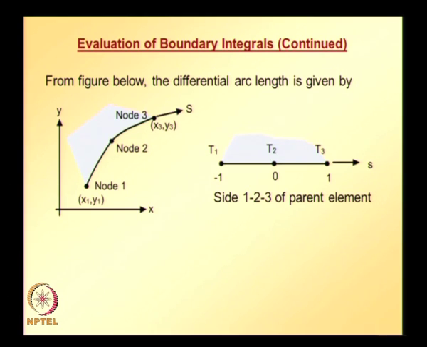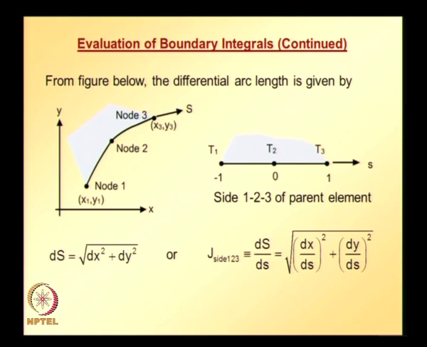Once we get these two quantities, and here side 1 2 3 for the actual element and parent element are shown, and similar to the 4 node quadrilateral element, d capital S is given by square root of dx square plus dy square.